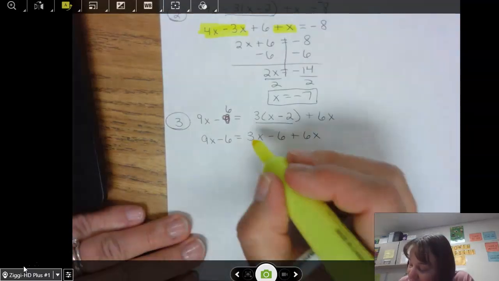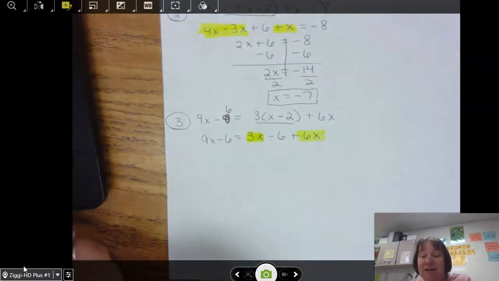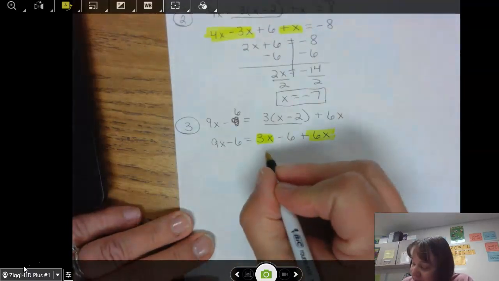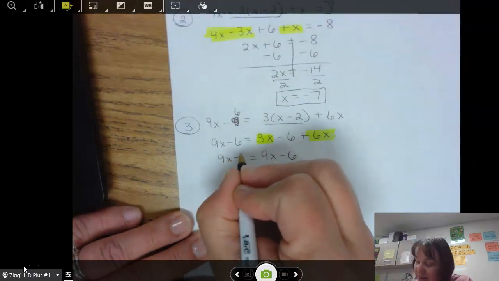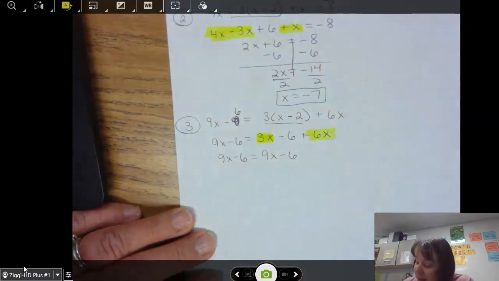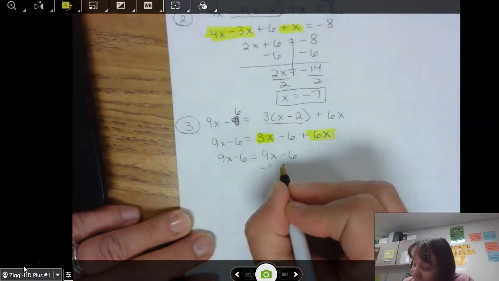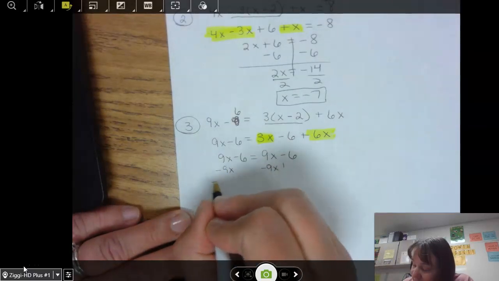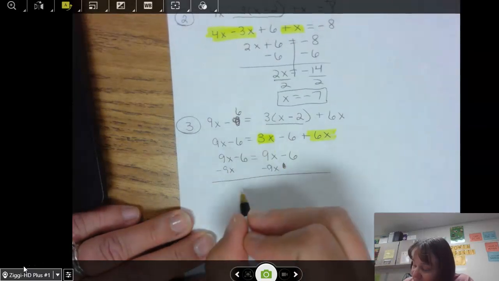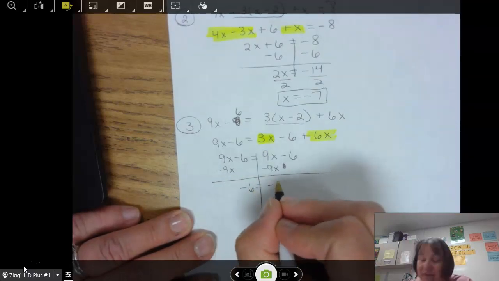I find my like terms. 3x plus 6x is 9x minus 6 equals 9x minus 6. If I subtract, well, let's just subtract 9x on both sides, and we get negative 6 equals negative 6.